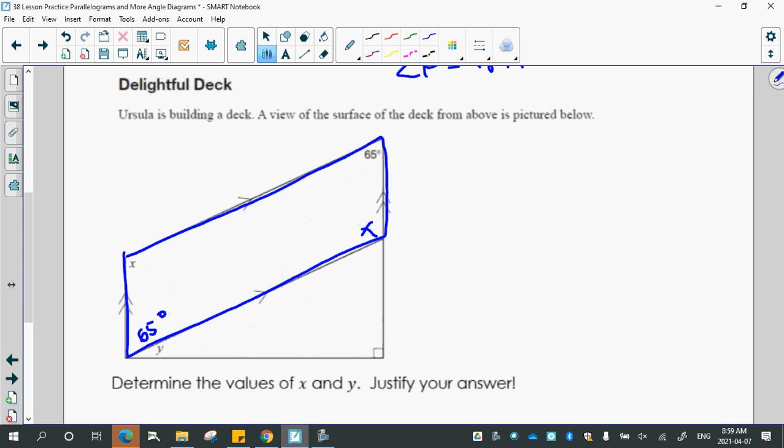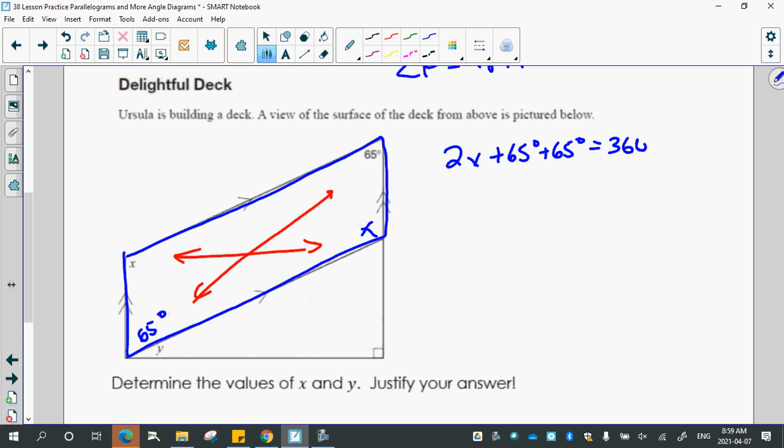And realize that opposite angles were the same. Right? And so then we got all four of them add up to 360 because it's a quadrilateral. Okay, so we've got x plus x is 2x, plus 65 plus 65 is 360.